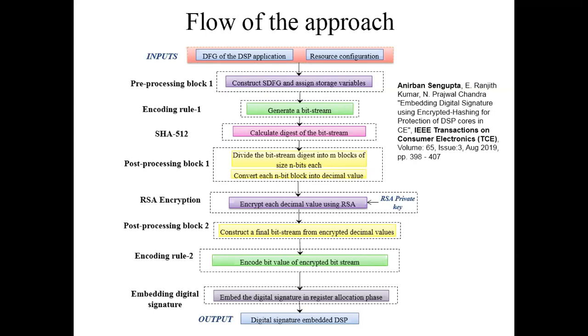Once it is over, we divide the bit stream digest into m blocks of size n bits, where each n-bit block is further converted into its respective decimal value. The block marked in yellow is the post-processing block 1. Once we have the respective decimal values, we feed them into the RSA.